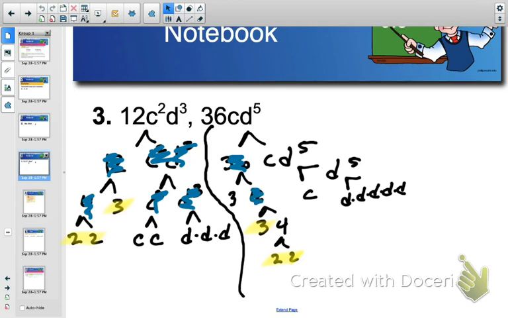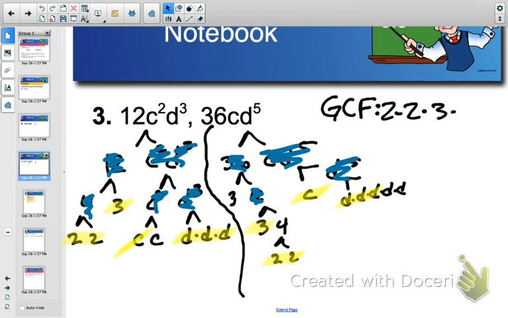And they also have 1 c in common and 3 d's in common. So our GCF is going to be 2 times 2 times 3 times c times d to the third, because there's 3 d's. Simplify that: 2 times 2 is 4, 4 times 3 is 12, times c, d to the third.